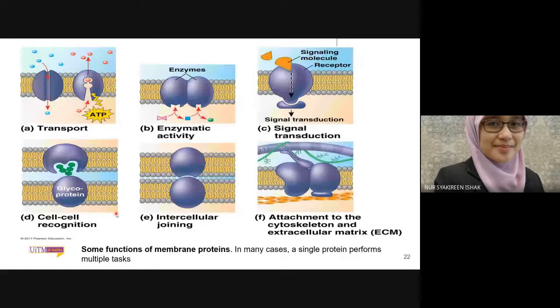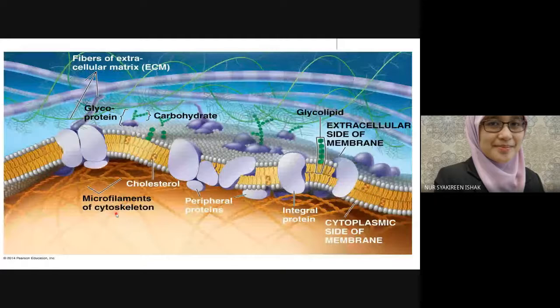So if you look at this, okay, this membrane protein, as you can see, is attached to the fibronectin here, kan? Fibronectin attached to the collagen, kan? Okay, macam tu. And then on the inside, it is attached to the cytoskeleton. Okay, so this is to maintain the shape of the membrane structure.